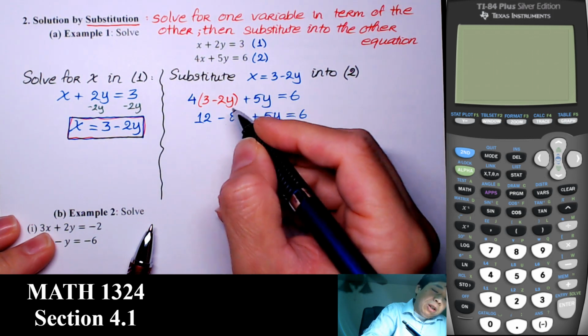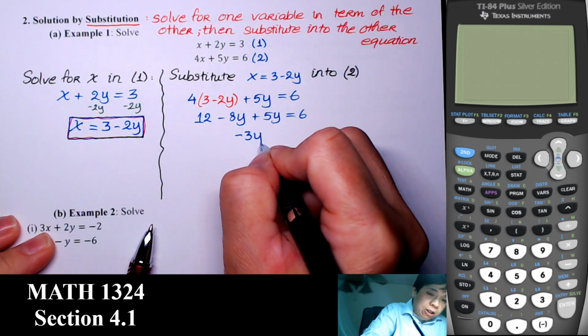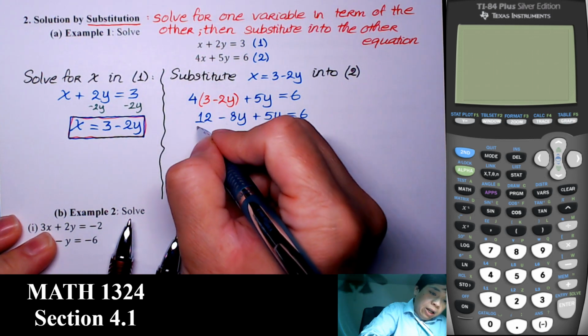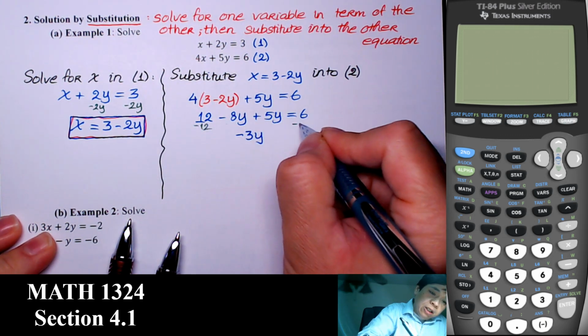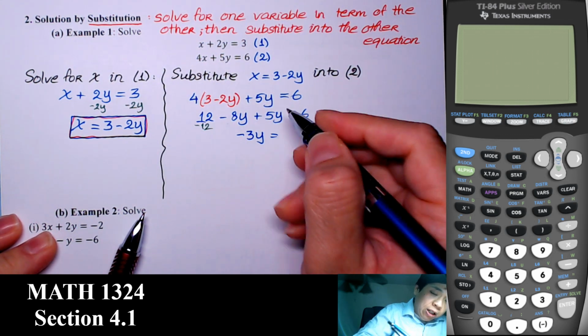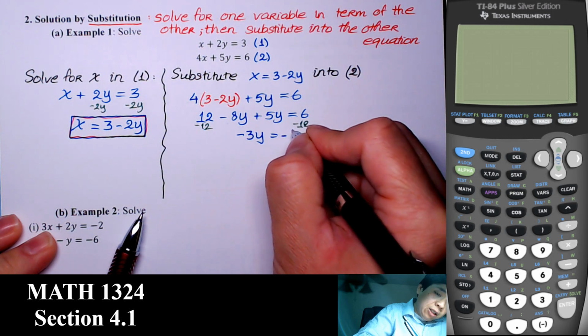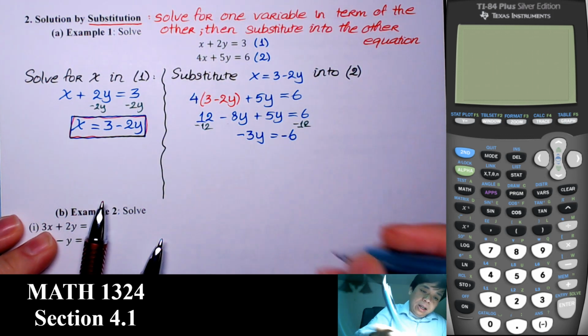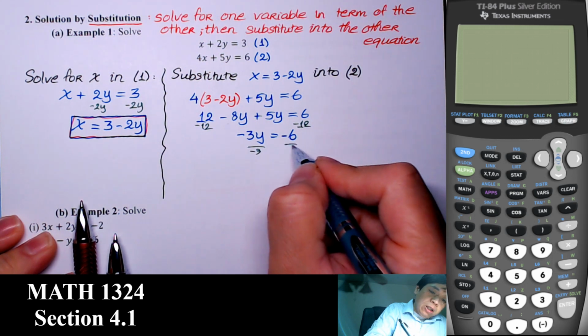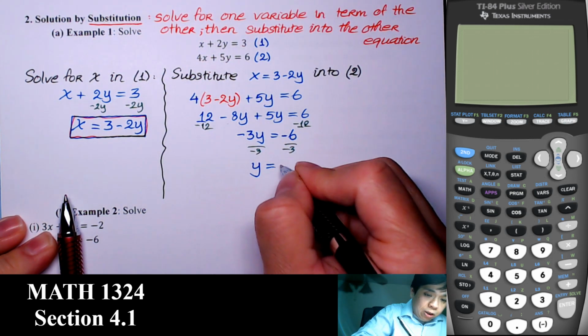Negative 8y plus 3y is negative 3y. And move the 12 to the other side. We have negative 3y equal to negative 6. And divide by negative 3 on both sides. We have y equal to 2.